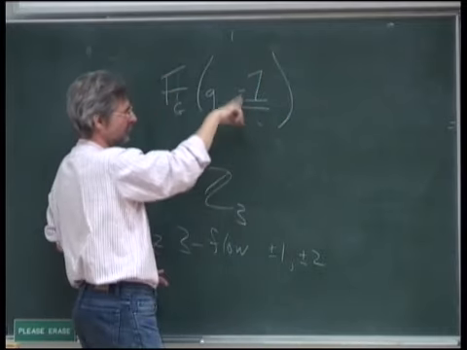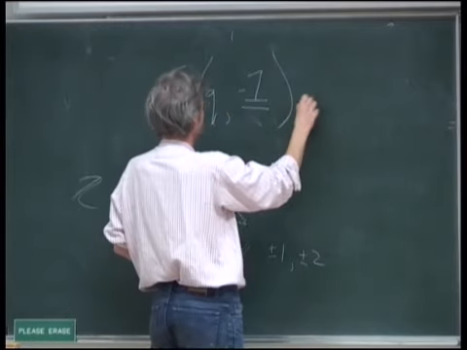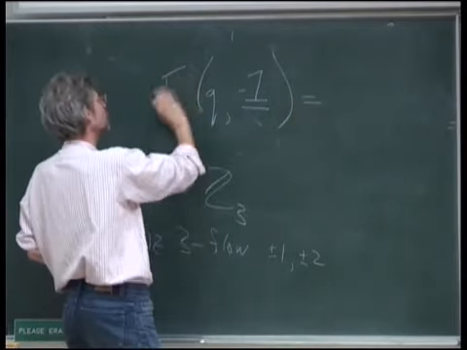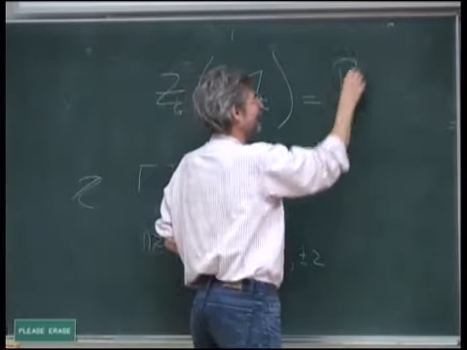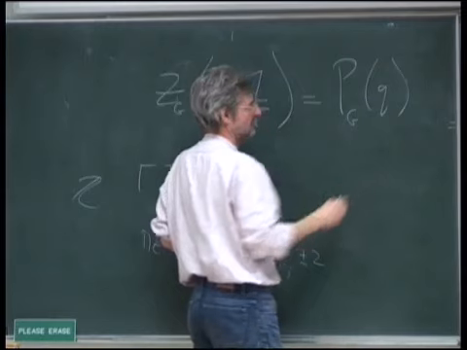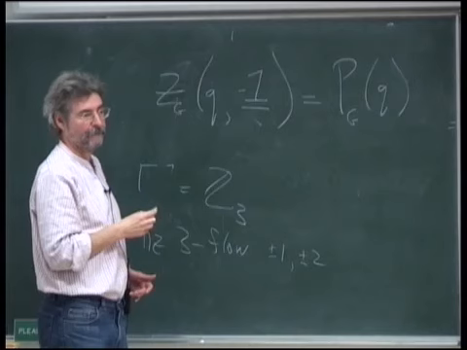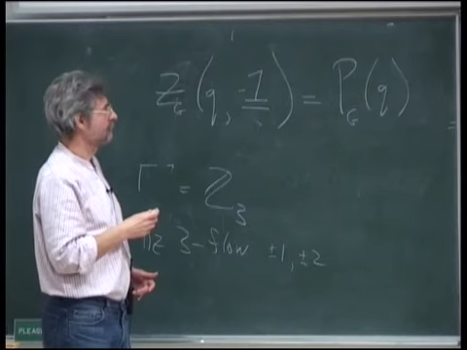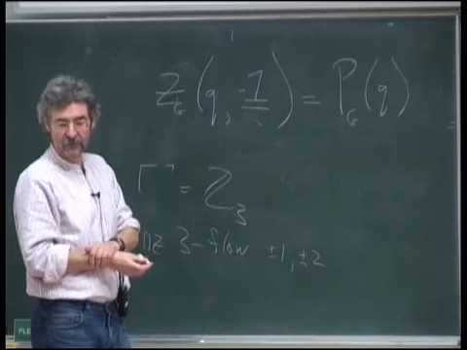So this is supposed to be assigning a -1 to each edge weight. ZG, or even ZJ, is just the chromatic polynomial of J. So it's a nicer relationship than the one that we had for the Tutte polynomial.